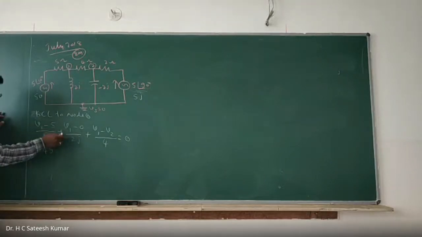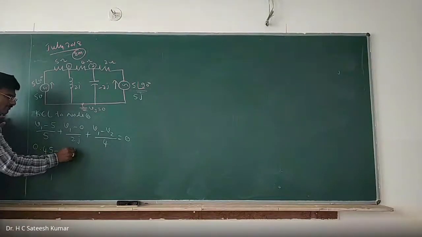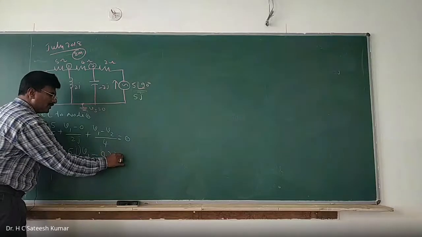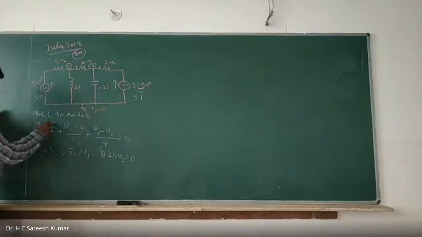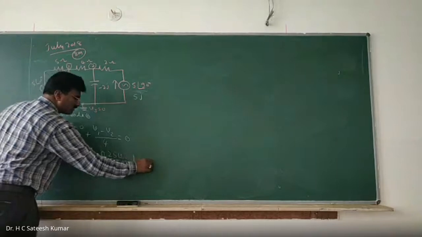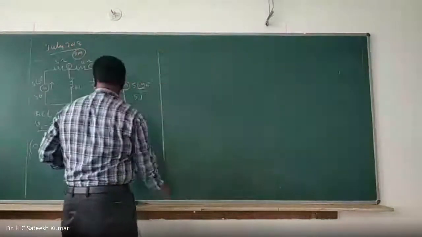Imaginary part: 1 by 2 is 0.5, and 1 by j is minus j, therefore minus 0.5j into V1, minus 0.25 V2 is equal to, moving the 5 by 5, which is 1, to the right hand side, plus 1. Call this equation number 1. Now go for the second one.